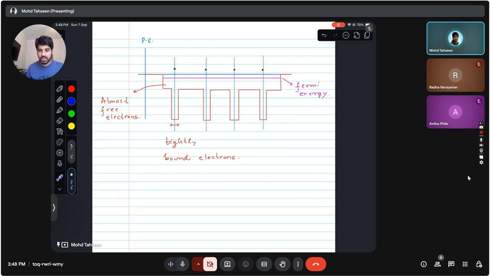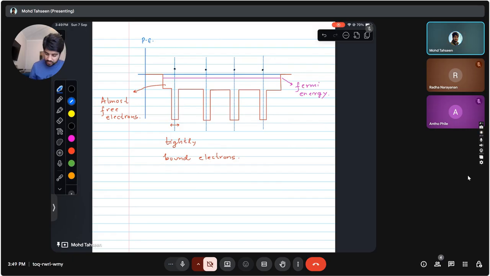The electrons present inside the Fermi energy interact with the positive core, although mildly, not as strongly as the tightly bound electrons. So Fermi energy has to be in this region, and it cannot be outside the region of influence of positive ions. Okay, so this is about it.